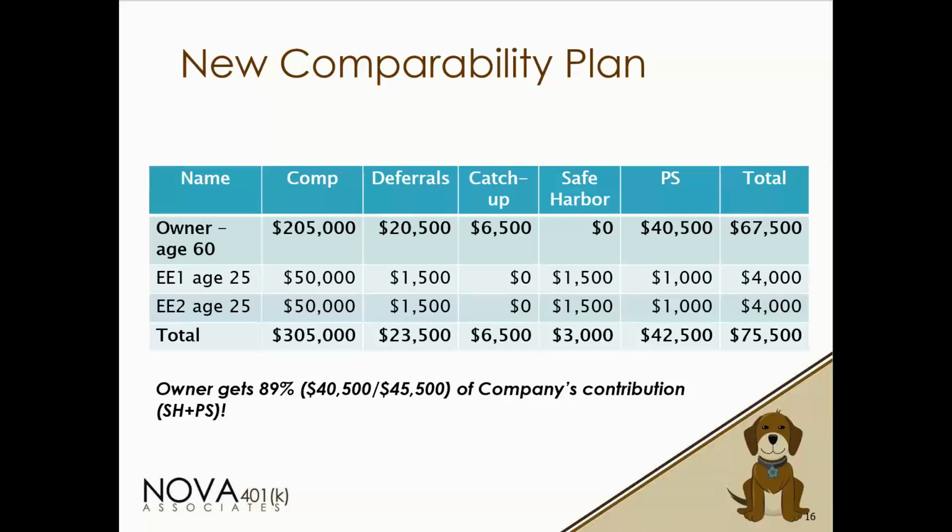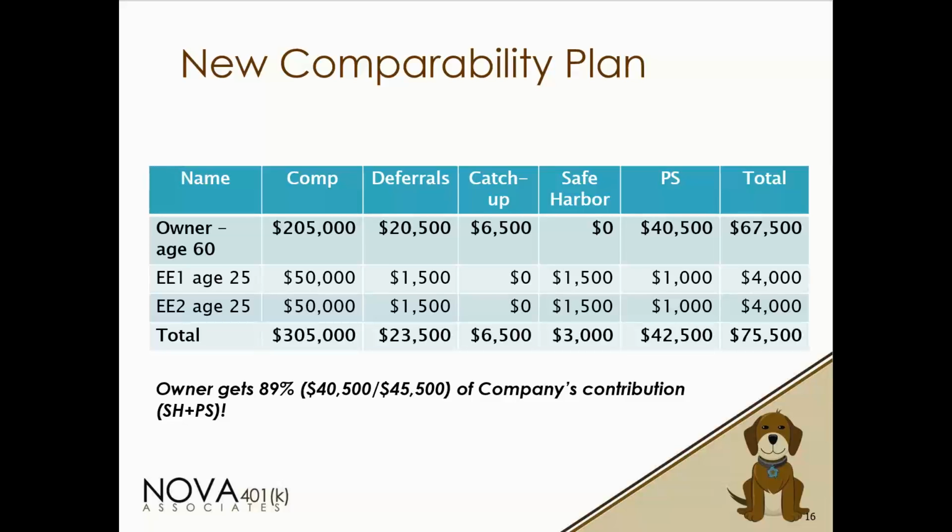So expanding on our simple example, the previous version was just a safe harbor non-elective for everybody, so everybody got 3%. Here we've tweaked that. The safe harbor is we're only giving that to the NHCEs, the non-highly compensated employees, and then the owner.